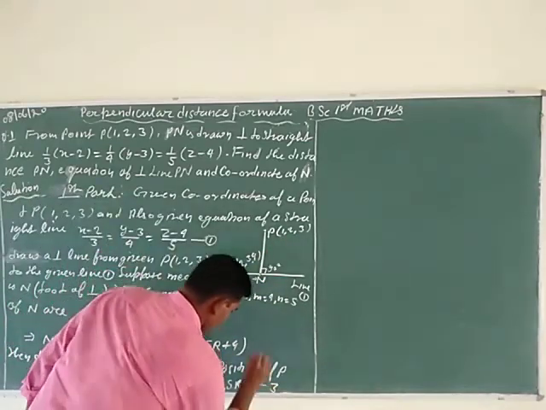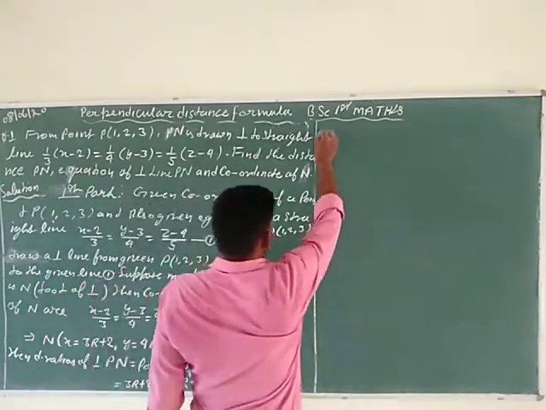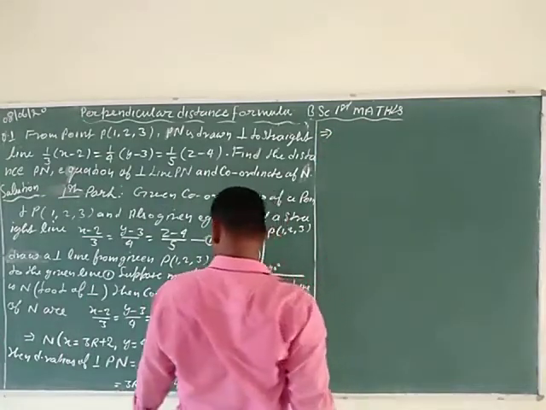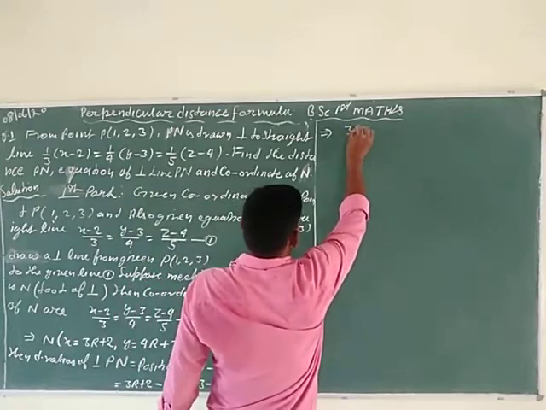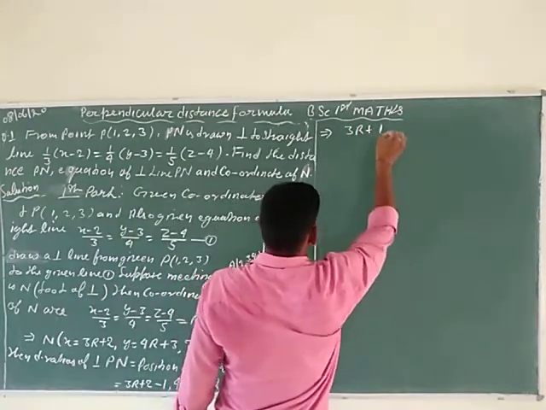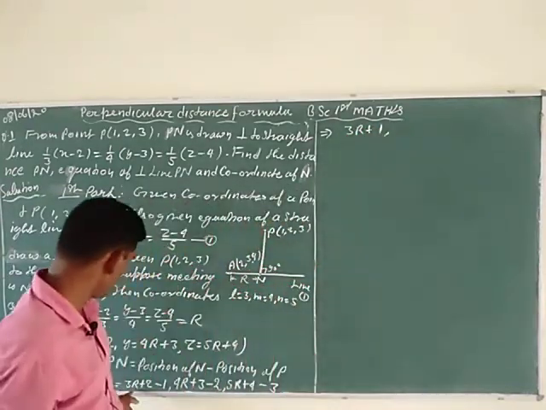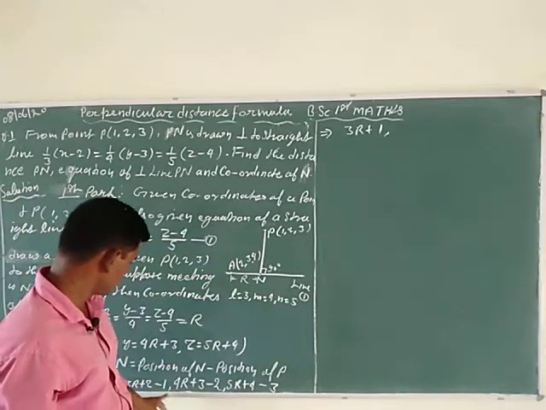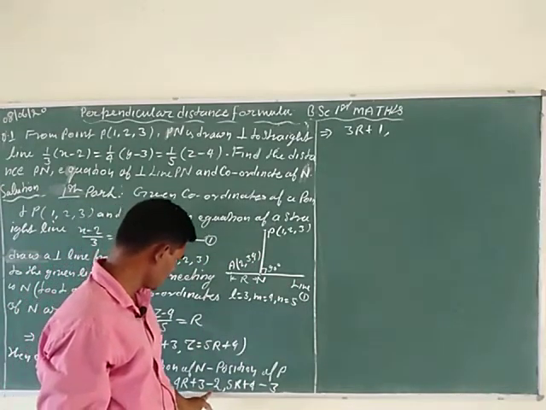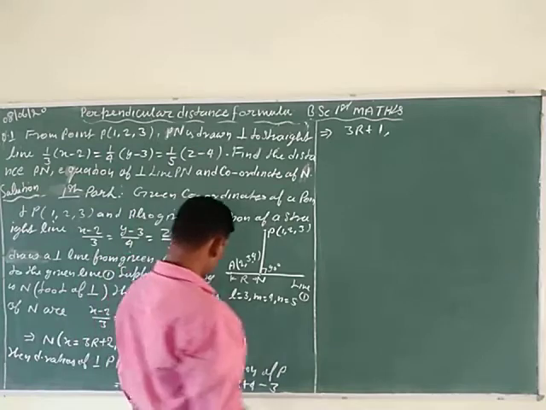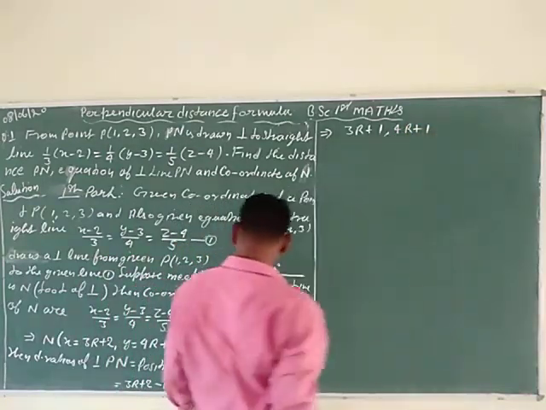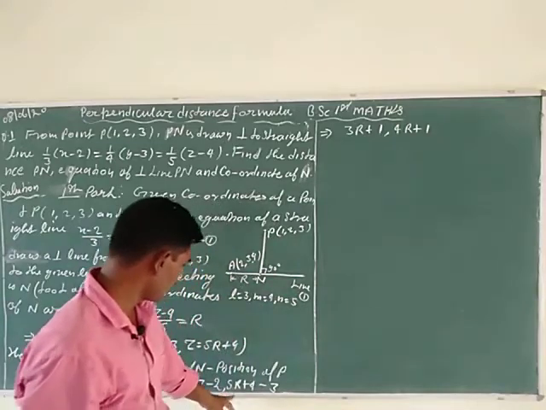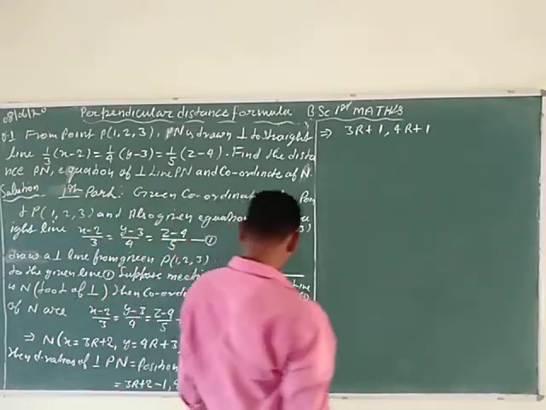After simplification, the direction ratios are 3r plus 2 minus 1 is equal to 3r plus 1, then 4r plus 3 minus 2 is equal to 4r plus 1, and at last 5r plus 4 minus 3 is equal to 5r plus 1.